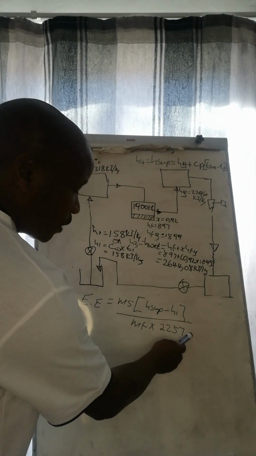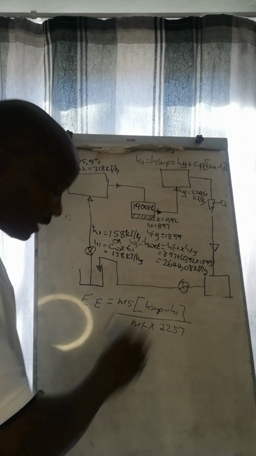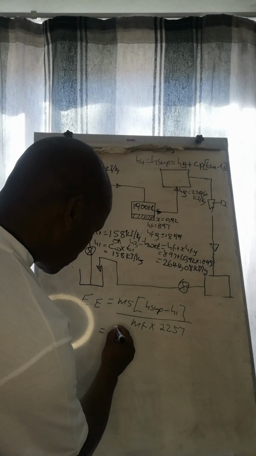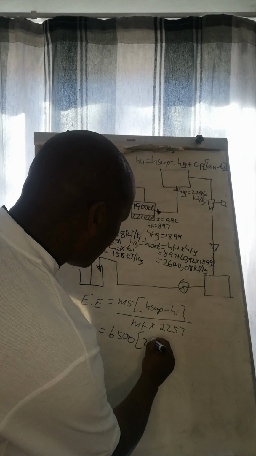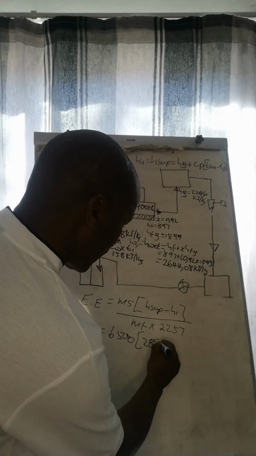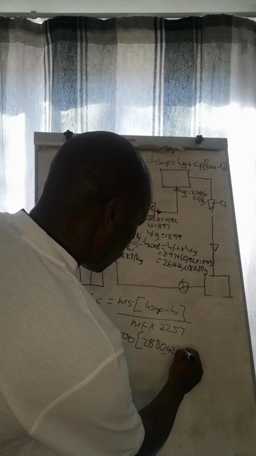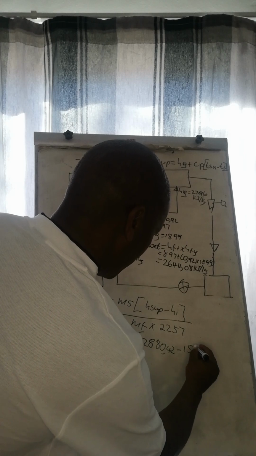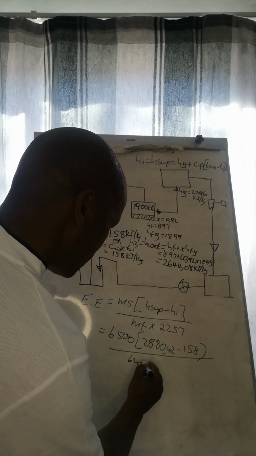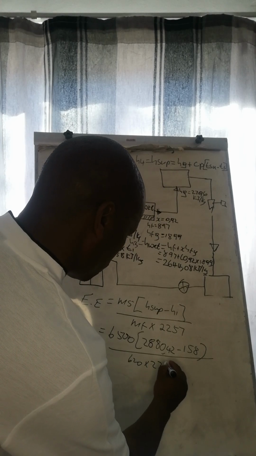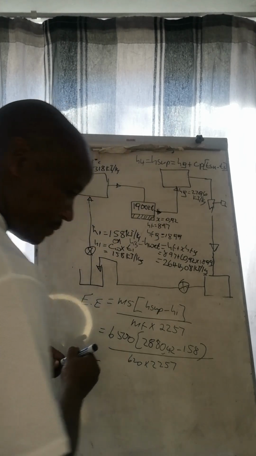It was experimentally obtained. So it is 6,500 over 2880.42 minus 158, over 620 multiplied by 2257.